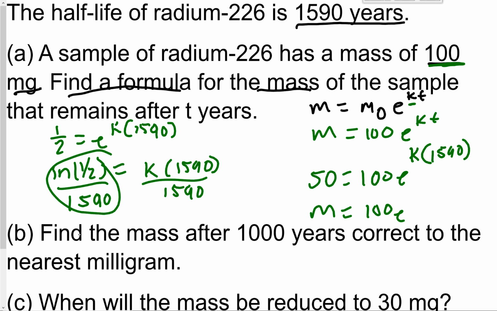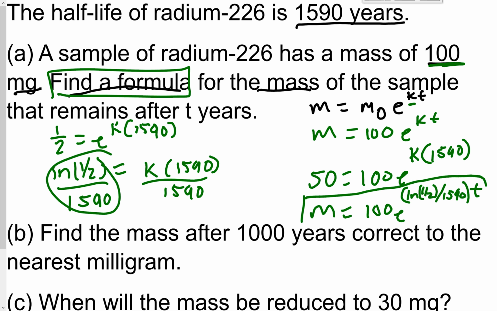That's the exact value. Or I can go ahead and round my number. But if I leave that in there, it'd be more accurate. So let's go ahead and leave that in there. So ln of 1/2 over 1,590 times t. Okay. So there's my formula to find the mass of radium-226 after so many years.